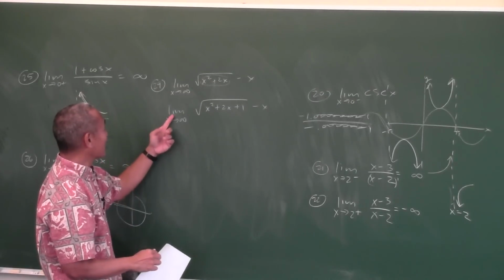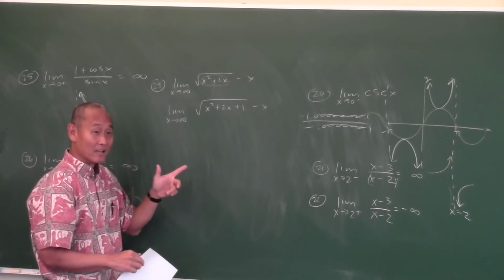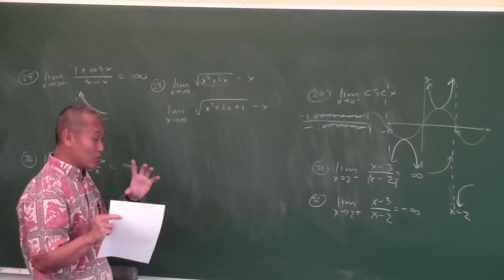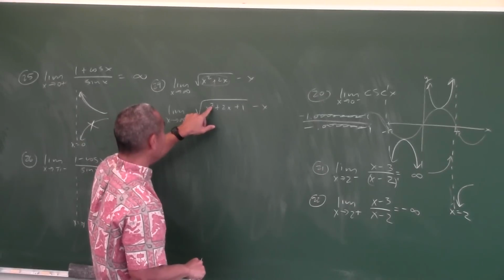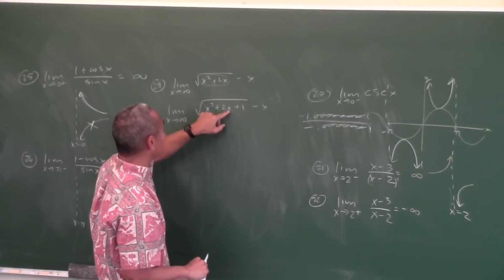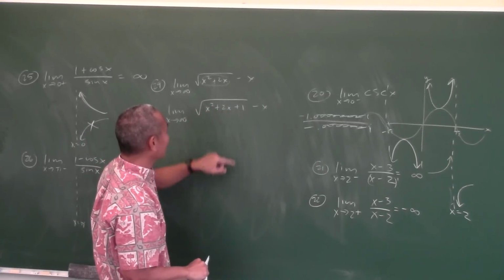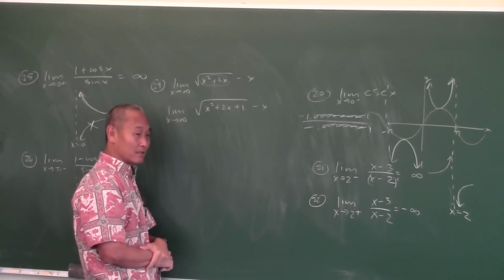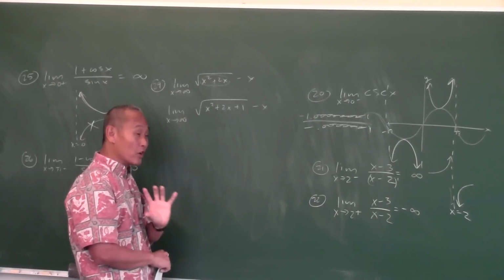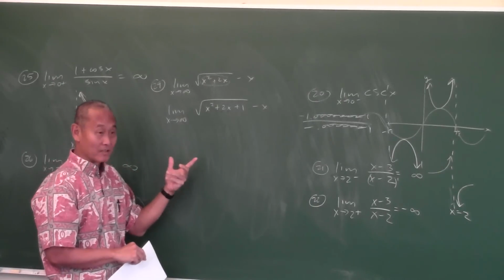Because we're taking the limit as x approaches infinity. When you plug in really huge numbers for x, like a billion, you get a billion squared plus 2 times a billion plus 1. That plus 1 is so insignificant, it's not going to change the limit. So you can only do this as x approaches infinity. You guys understand?